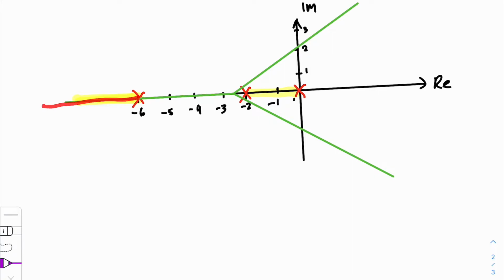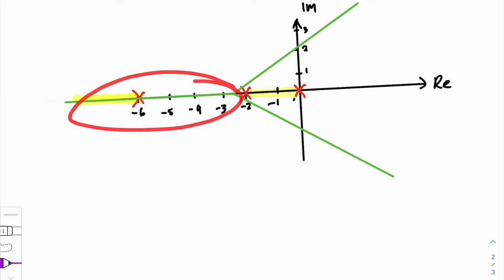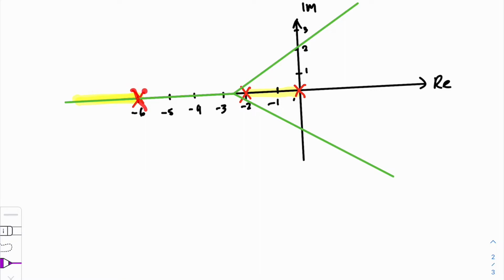But don't forget, there's another pole that follows the 180 degrees. Because there's only one region of locus there, it will go from the pole at negative 6 towards infinity, following the 180 degree asymptote.